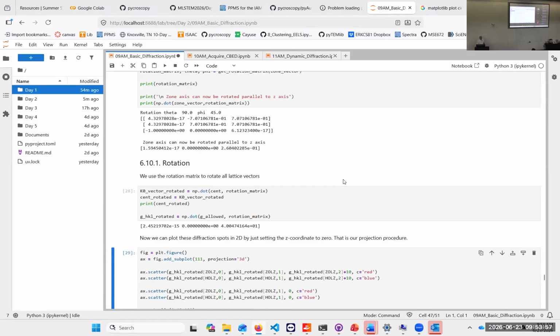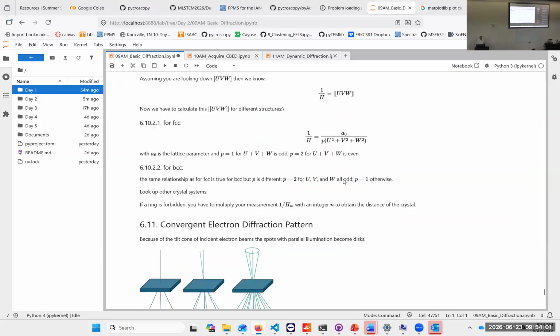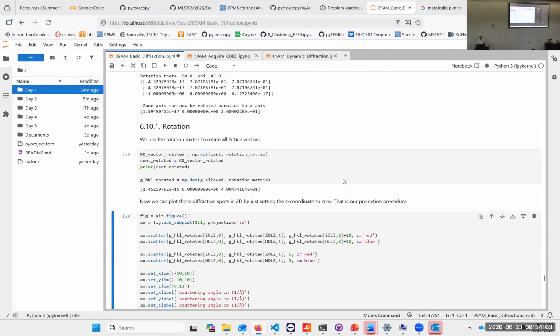So there are, I must have deleted them, so there were a few more plots supposed to be happening here.